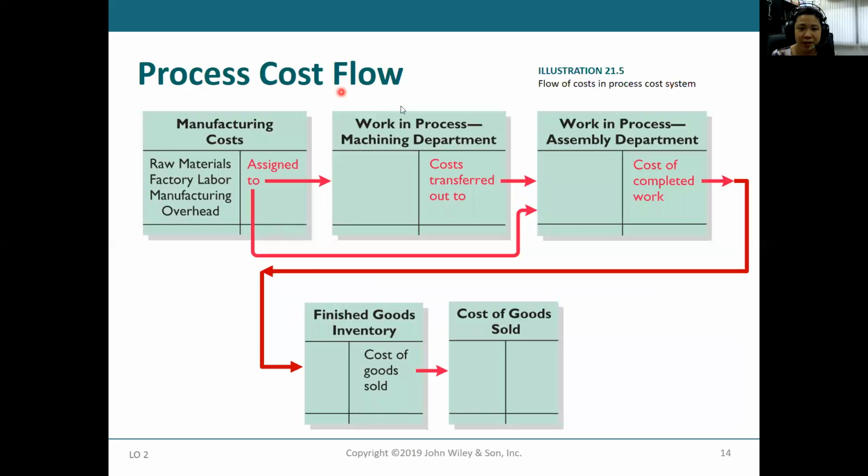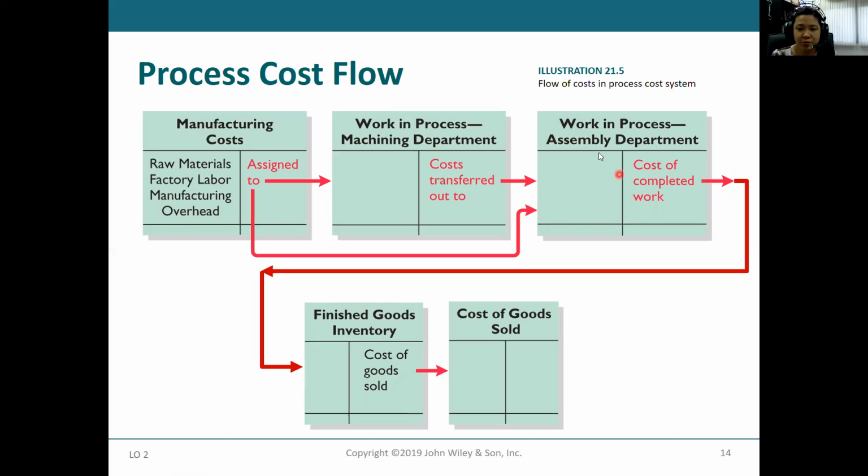So here will be the process cost flow. First, we have manufacturing costs incurred: raw material, factory labor, manufacturing overhead. When we use these costs in the production process, they go to work in process in the machining department. When we finish in the machining department, it goes to work in process in the assembly department.